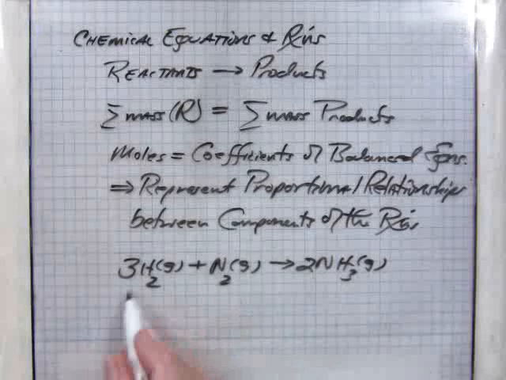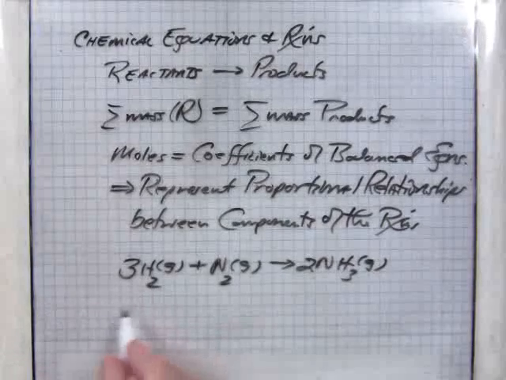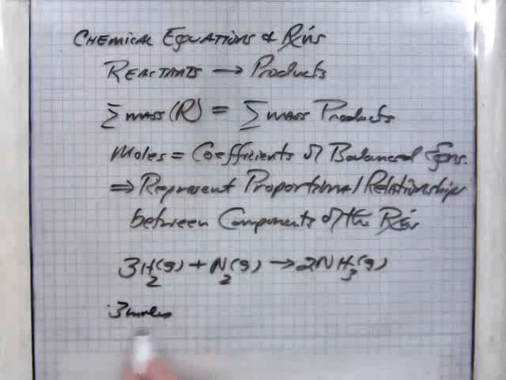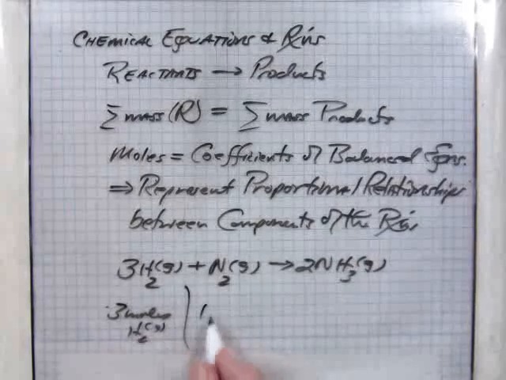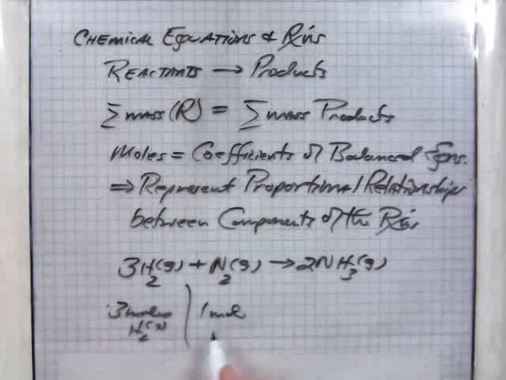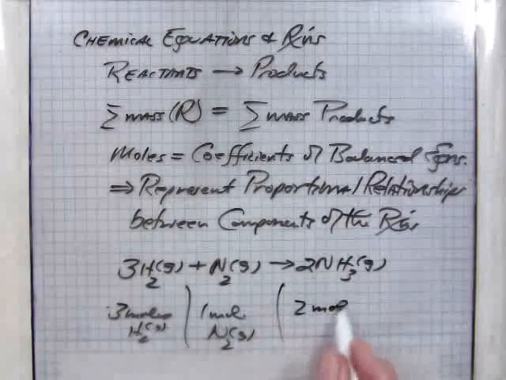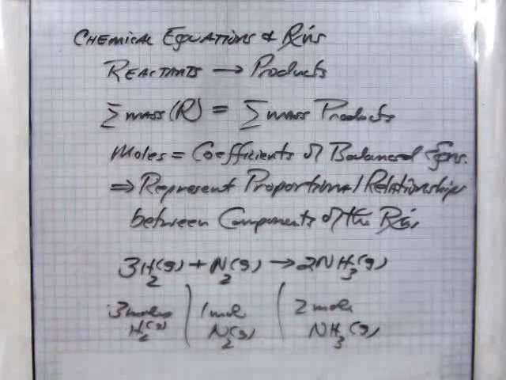But what you want to be able to understand is the coefficients are moles. That is, 3 moles of H2 gas is involved here, 1 mole of N2 gas, and then 2 moles of ammonia is involved in this equation.